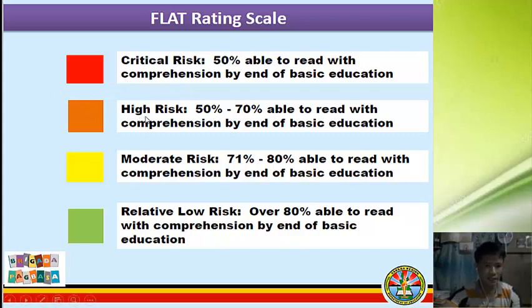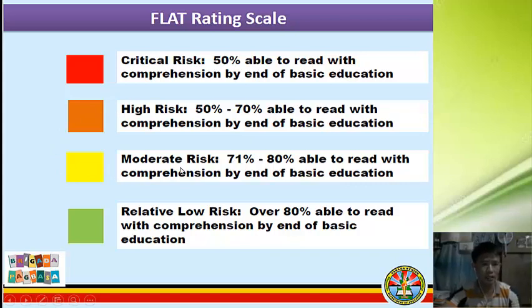Now, in the high risk, it's the orange, so 50% to 70% able to read with comprehension by the end of basic education. So at least 50 to 70% learners able to read by the end of basic education.